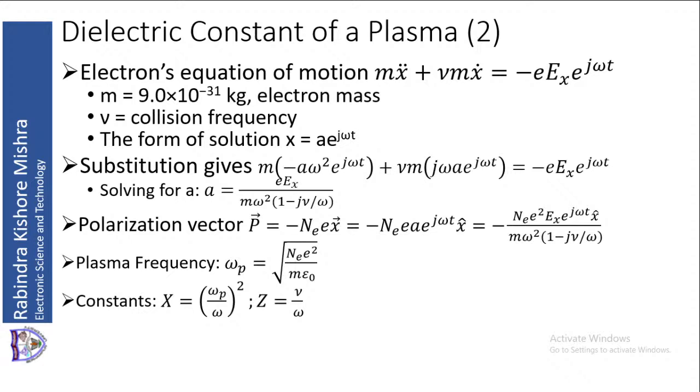Using these three constants, the polarization vector P now simplifies to this form. P will be equal to epsilon 0 into Ex into exponential j omega t into x cap into X by 1 minus jZ. So this will be the expression for the polarization vector.